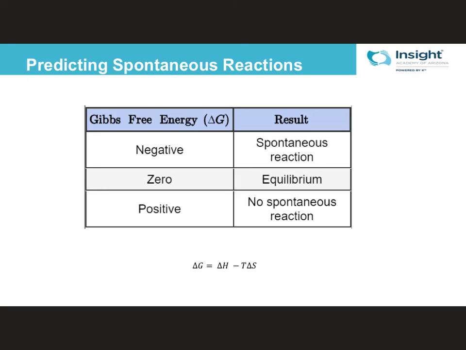If you get a zero Gibbs free energy, that means that your reaction is at equilibrium. You're not really going to get any reaction because it doesn't want to. It's at equilibrium, it's happy with where it's at. If you get a positive free energy, it's going to be a non-spontaneous reaction, or it may even go the opposite way.